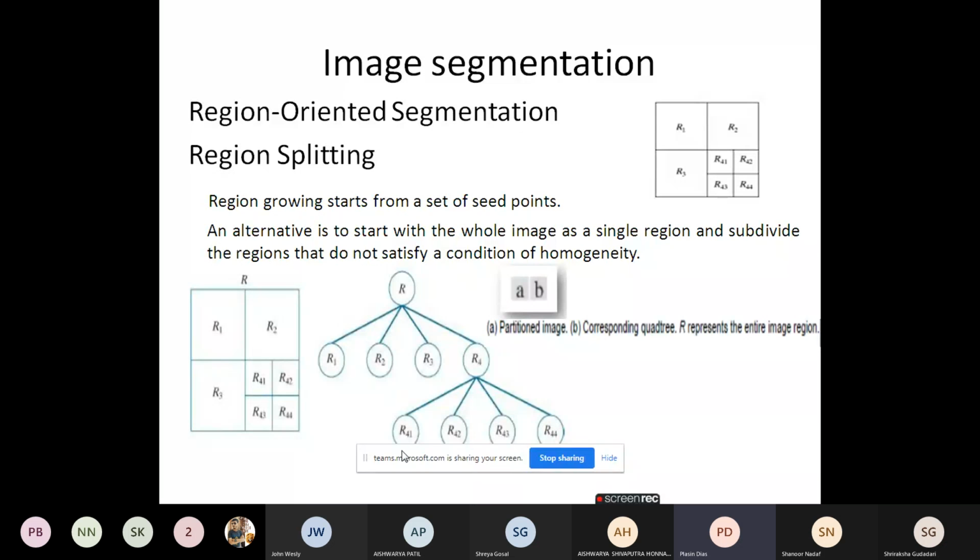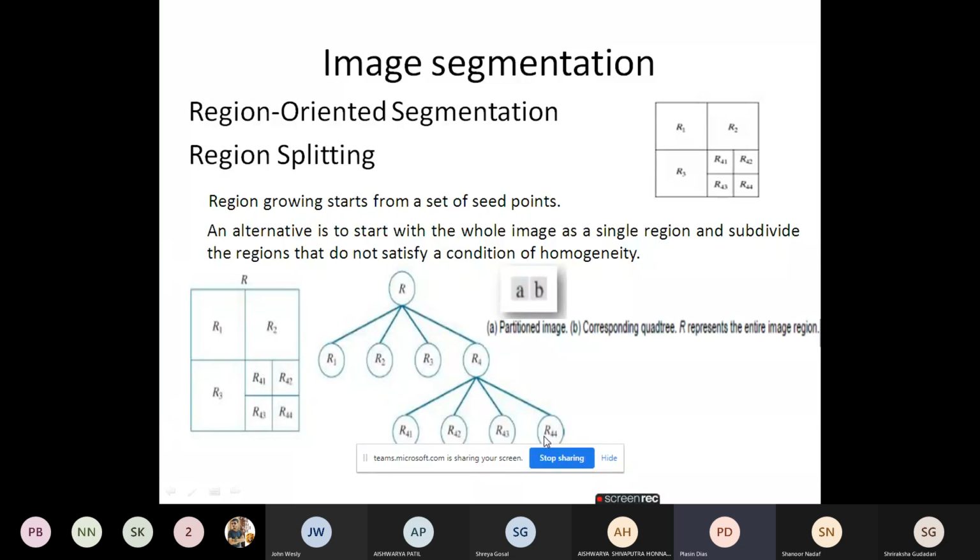When we use a conventional tree representation, we may call it a quad tree, and when we represent it as images corresponding to this form, we may call them quad regions or quad images. What we are able to see here is that an image R is divided into 4 regions, and then the fourth region is again divided into 4 partitions.